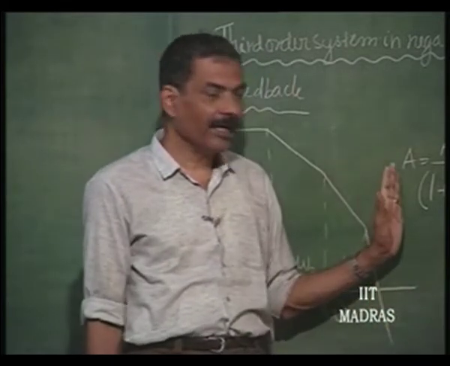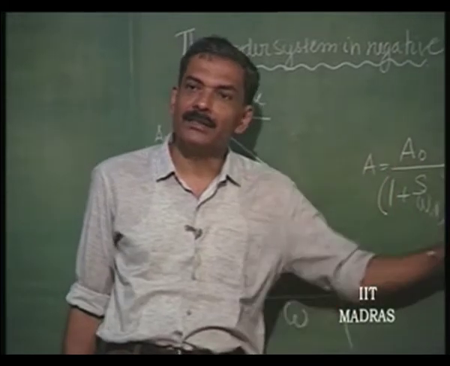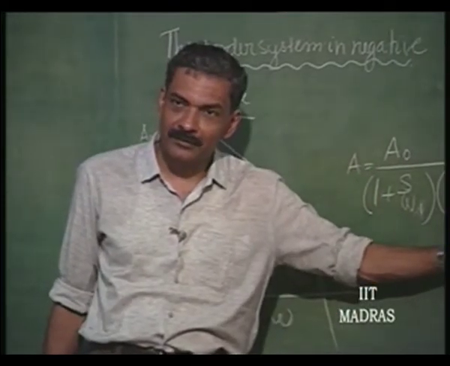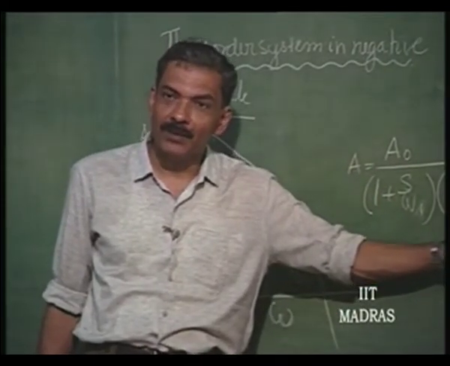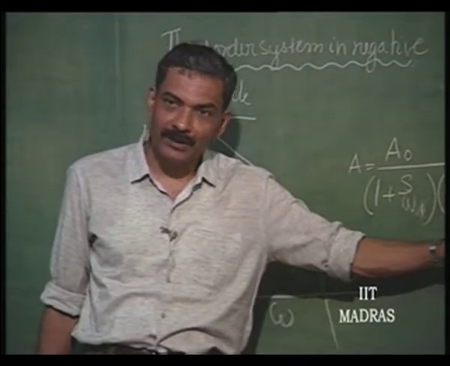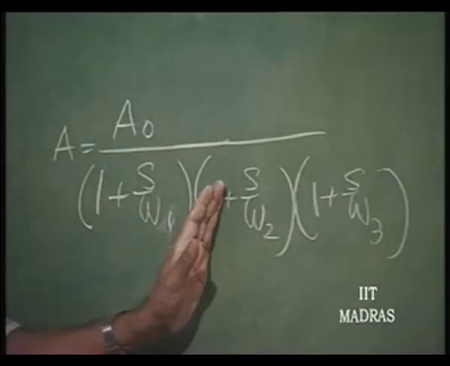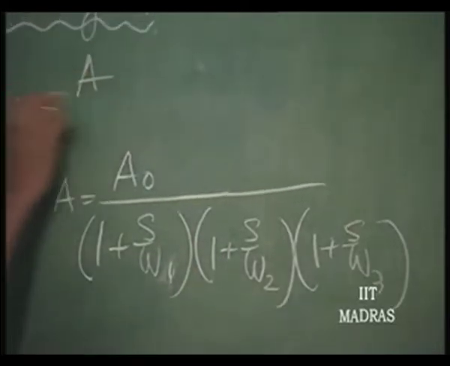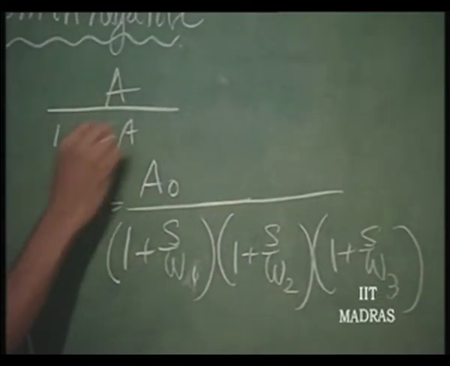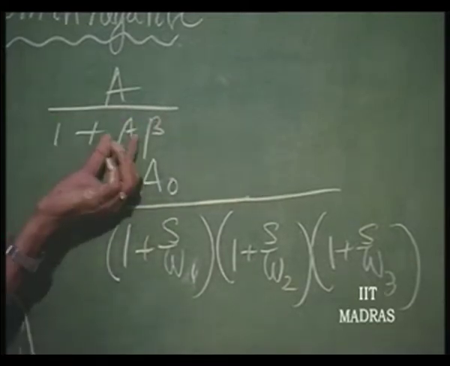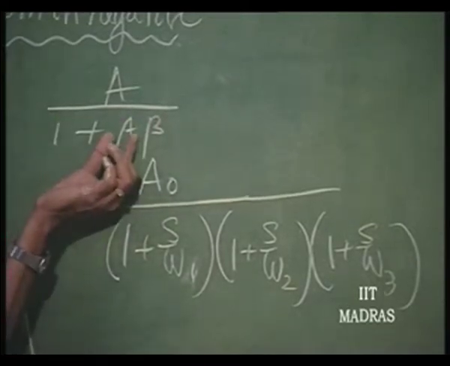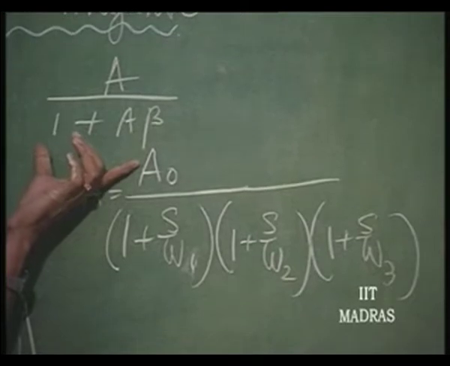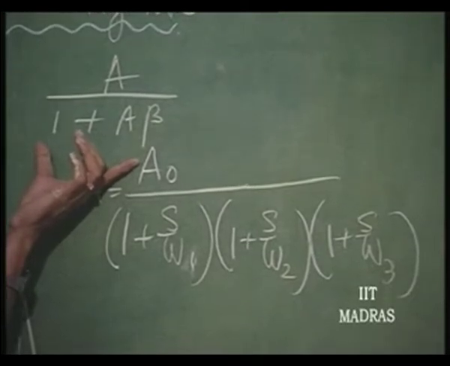That means A becomes some negative value. That means it becomes positive feedback. Whatever you have earlier thought of as negative feedback now becomes positive feedback beyond that frequency, because the gain is going to be A by 1 plus A beta, and A becomes some negative value.